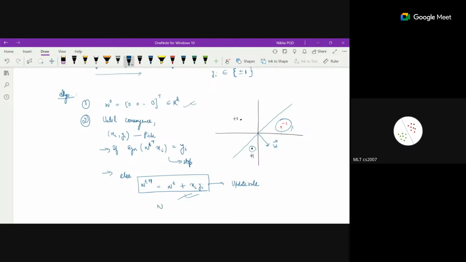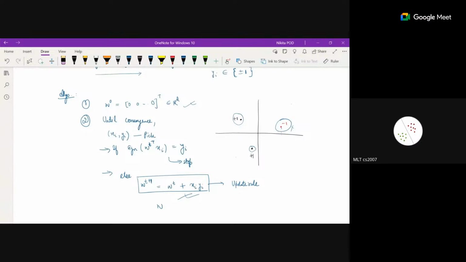Let's say the second time, I get my W to be maybe something like this. Again, I see that this is being correctly classified, but this is not correctly classified, right? So again, I need to do this update, and at the end, I should be able to reach a point.